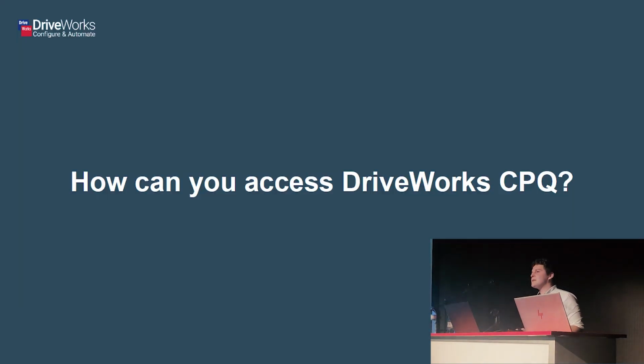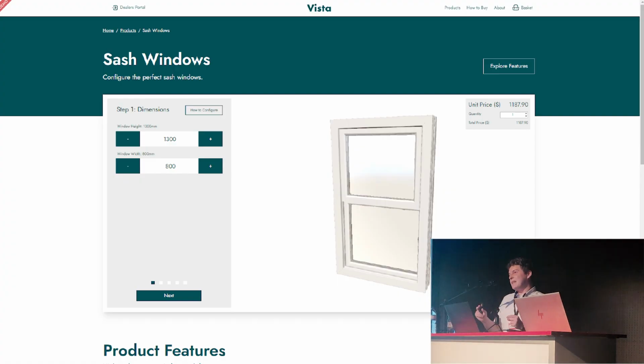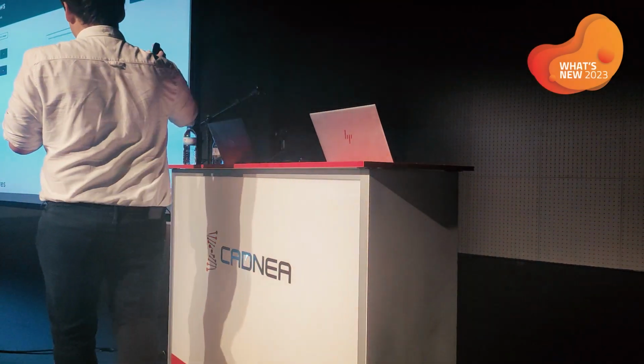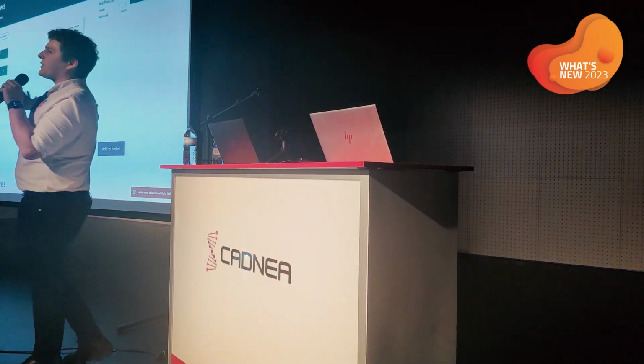And so let's look at some examples of how people might access a solution built with DriveWorks CPQ. Now, I'm going to go into this in a little more detail later on. I'm actually going to start walking on stage. Apologies if the audio doesn't work too well. But what we see here in the middle is a DriveWorks configurator.